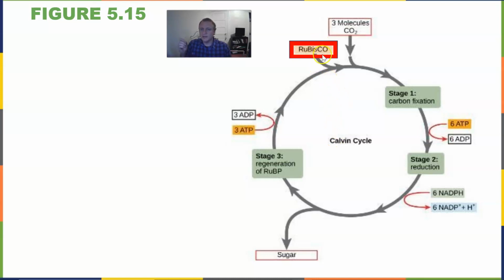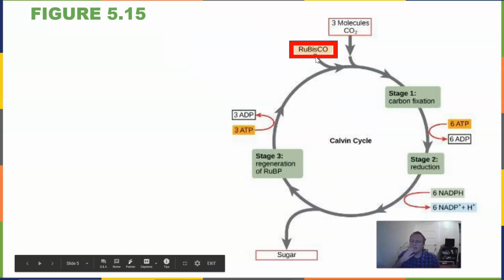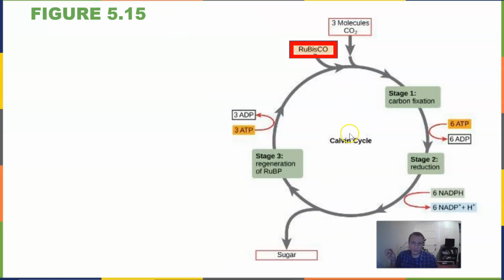But the problem is this molecule, rubisco, the most common enzyme in the world, kind of sucks at its job, just plainly put. Rubisco is not super good at what it does. All rubisco is supposed to do is take carbon, fix it to RuBP so that we can turn it into sugar.